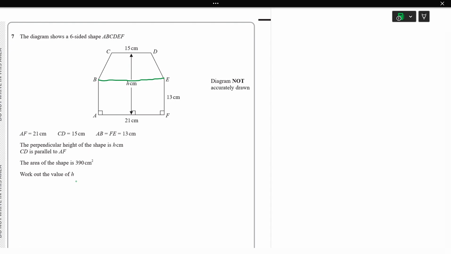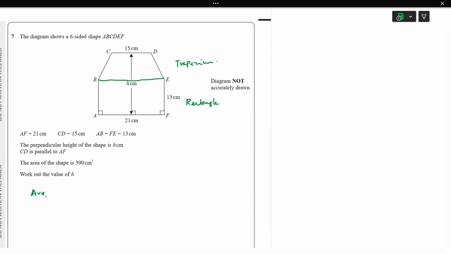Okay, so first the bottom one is a rectangle. Upon this is a trapezium.